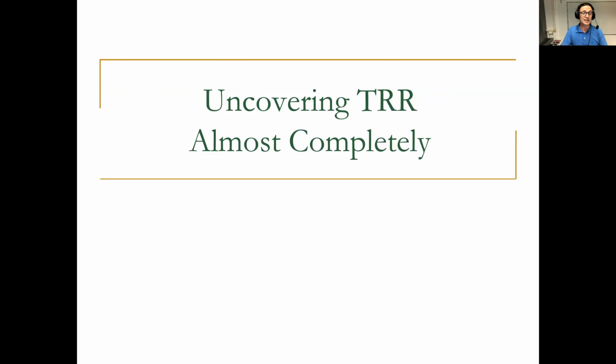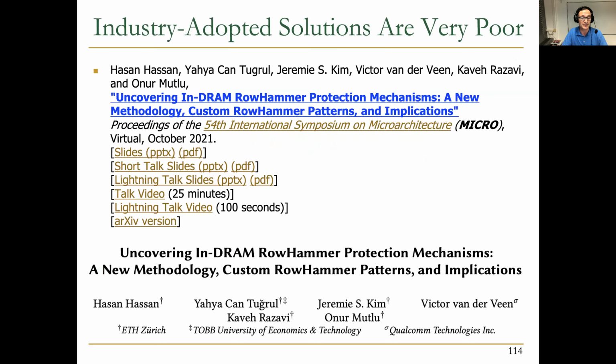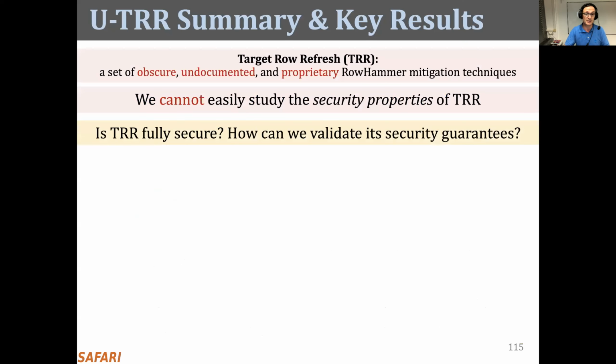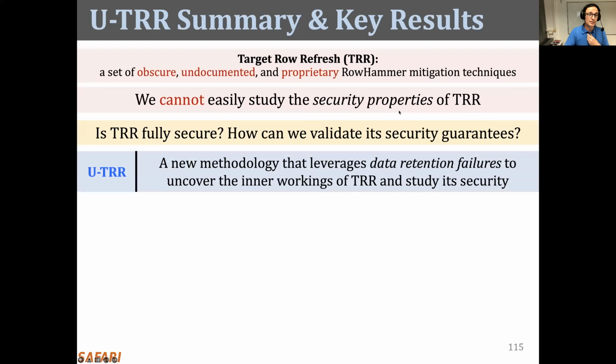As I said, we started uncovering TRR mechanisms almost completely, and this paper essentially uncovers them completely. Basically, the reason is to study the security properties of these mechanisms. To be able to do this, we developed a new methodology that leverages data retention failures to uncover the inner workings of TRR and study its security.